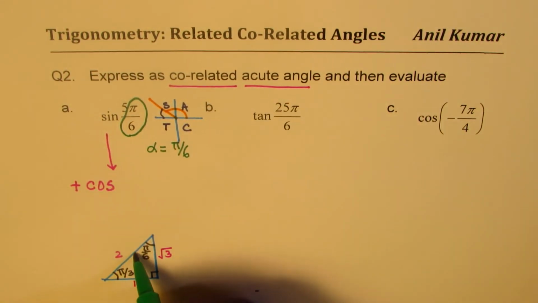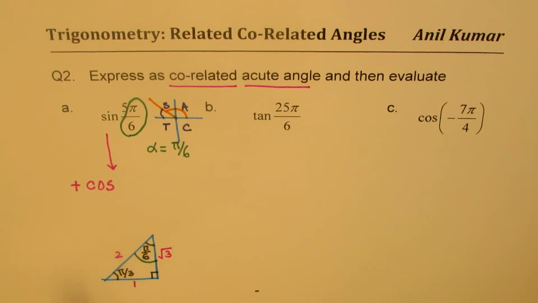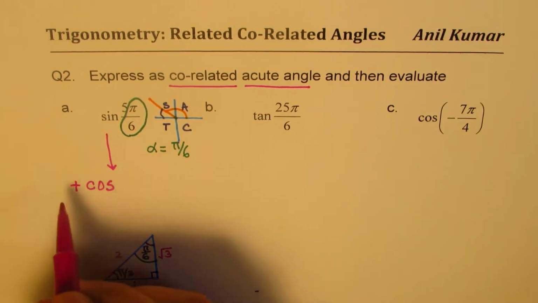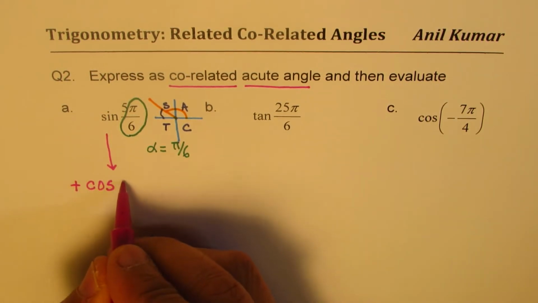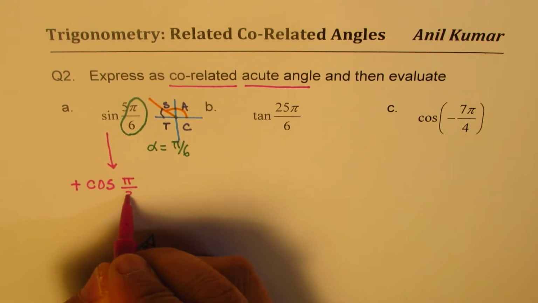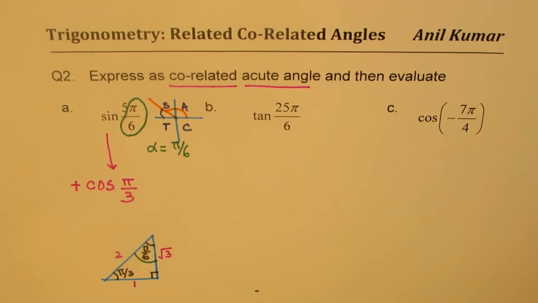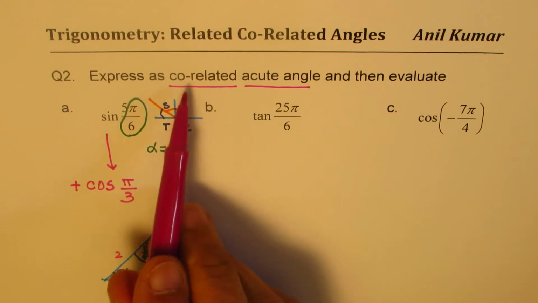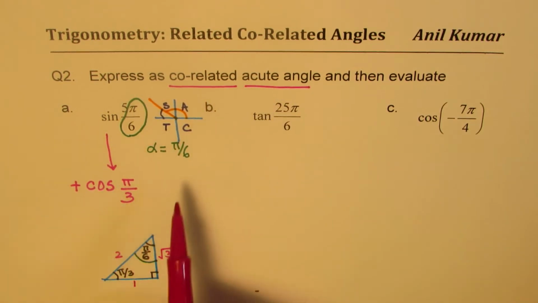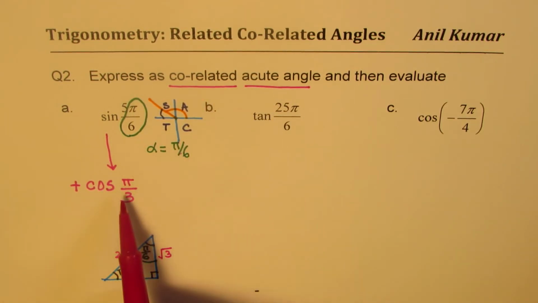So pi by 6 is this angle for you. When we say correlated, we are looking into the other angle, correct? So the other angle is pi by 3. So we get this as cos of pi by 3. Does it make sense to you? So that is how we get correlated acute angle. So these are two correlated angles.